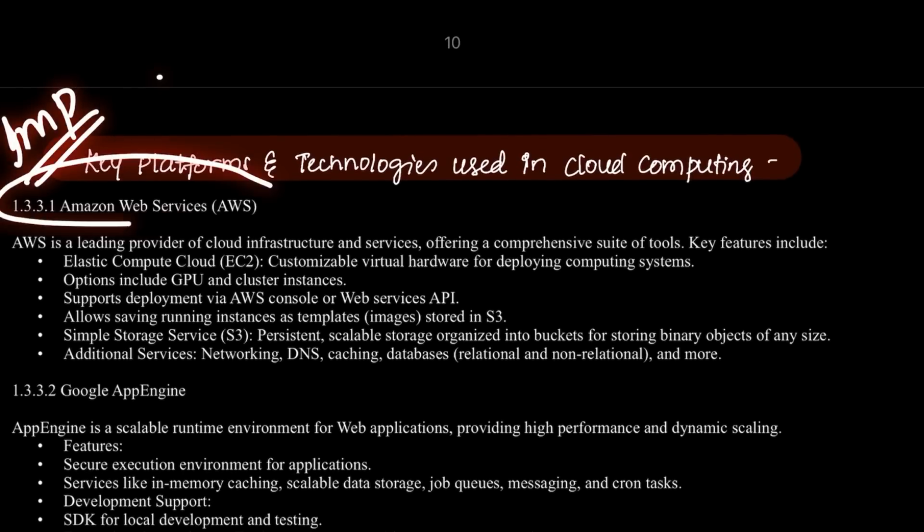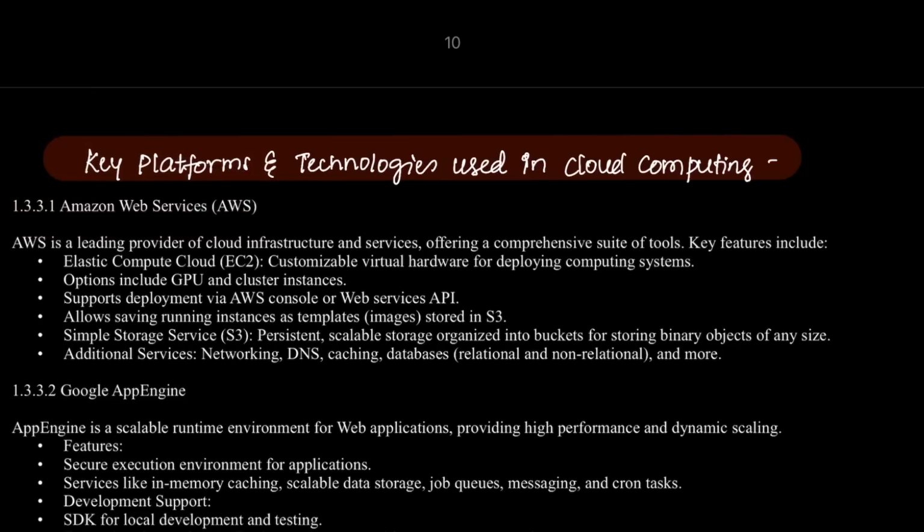So the first one is AWS. AWS is provided by Amazon. AWS is a leading provider of cloud infrastructure and services, offering a comprehensive suite of tools. The tools here include Elastic Compute Cloud, that is Amazon EC2, which has customizable virtual hardware for deploying. Then it has options including GPU and cluster advances. It supports deployment in the AWS console and web services API.